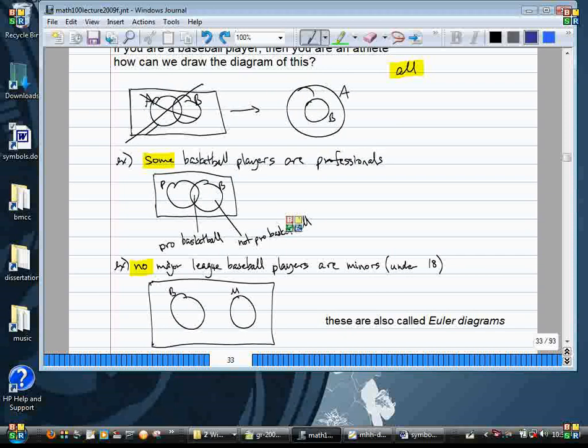If you're a Major League Baseball player, then the way the diagram is drawn, can you be a minor? No. But what does the statement say? Exactly, that's what the statement says. The statement says if you're a baseball player, you're not a minor, and that's what the diagram reflects. You can't be in both at the same time.